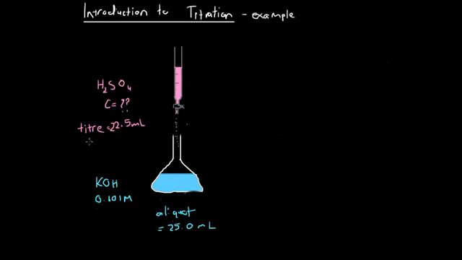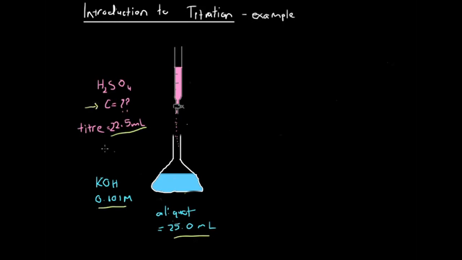So we figured out that we've reacted 22.5 milliliters with this aliquot of potassium hydroxide. The titer volume is 22.5 milliliters. So what we're going to do now is use this volume and this concentration to work out the concentration of the sulfuric acid.